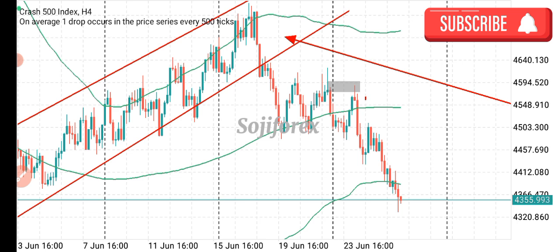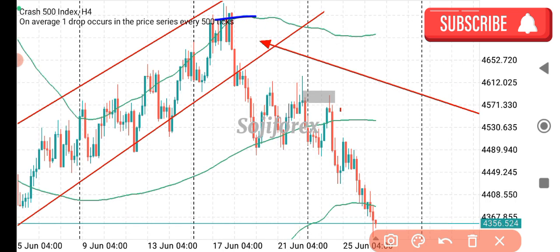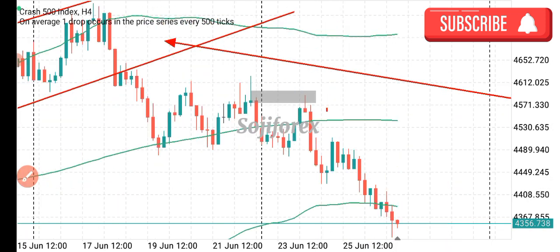So currently lower high, lower low, lower high, lower low, lower high, and here we have our lower low. So what are we expecting in this scenario? We are having an imbalance here.